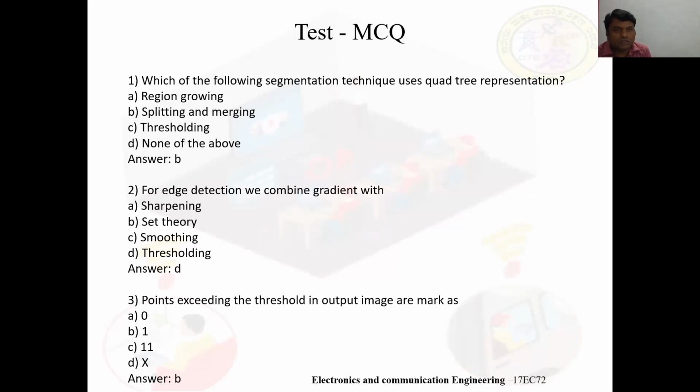The answer is splitting and merging, B. For edge detection, we combine gradient with sharpening, set theory, smoothing, thresholding. Answer is D, thresholding. Points exceeding the threshold in the output image are marked as 0, 1, 11, X. Answer is B, it is 1.